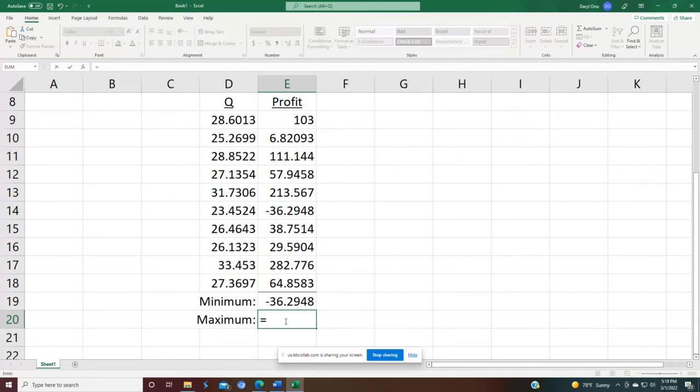Equals max, left parentheses of all of these. What's the biggest number we can get? And again, you can just eyeball it in our simple example. But it's 282. What is the range of profits we can potentially get?